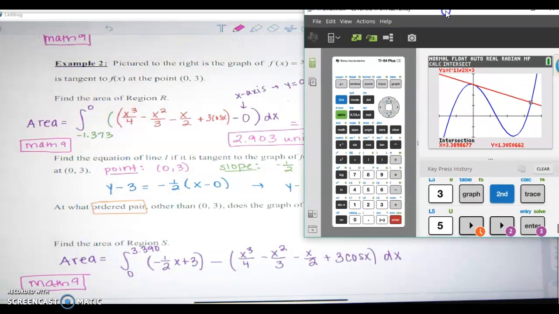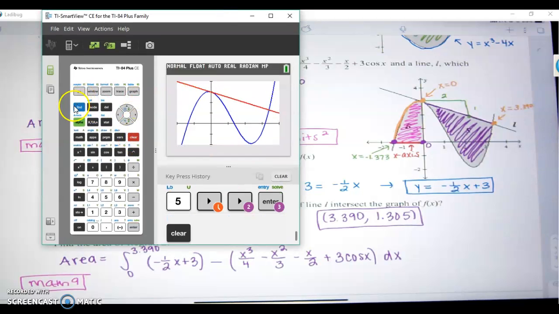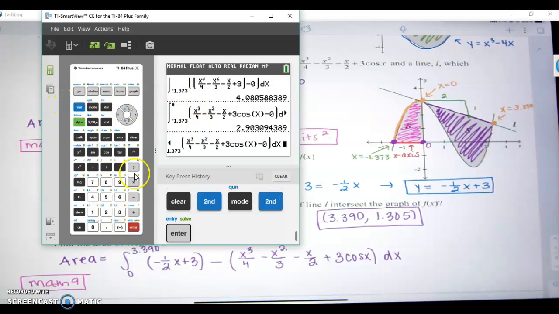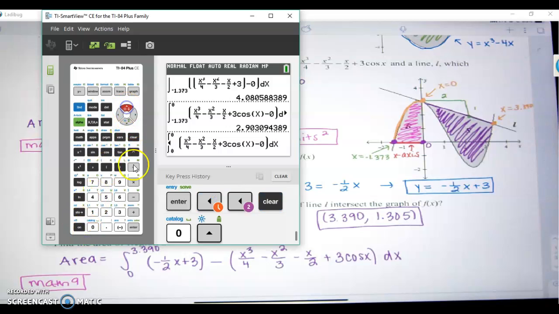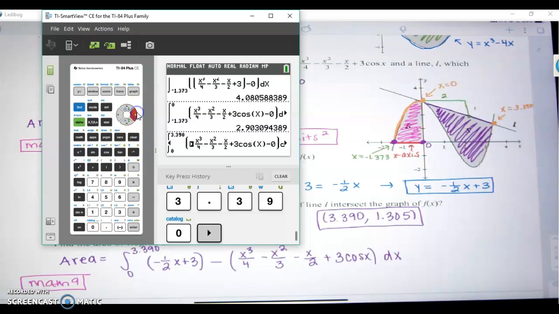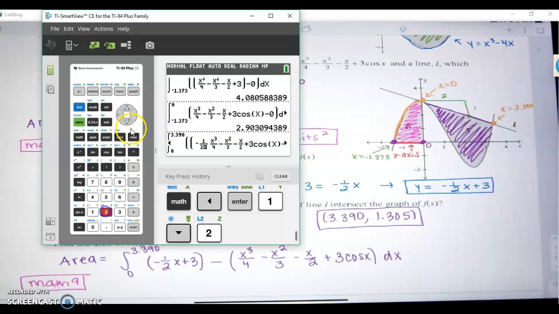So on our calculator, because you already have some of the stuff typed in, if you want to go to second entry, you can kind of just edit this. Type all this again. But we're going from 0 to 3.390. And then this time, though, at the front, we have the negative 1/2 x plus 3.